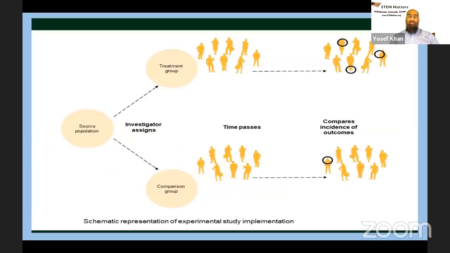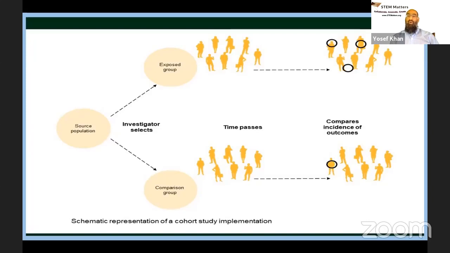When we think about these studies, for example, in an experimental study, we take a source population, we have our treatment groups, and then we follow them over time to compare the incidence of an outcome, to compare what is occurring in terms of that health risk or that disease. When we look at cohort studies, very similar in nature, we have our source population, we divide them in two groups.